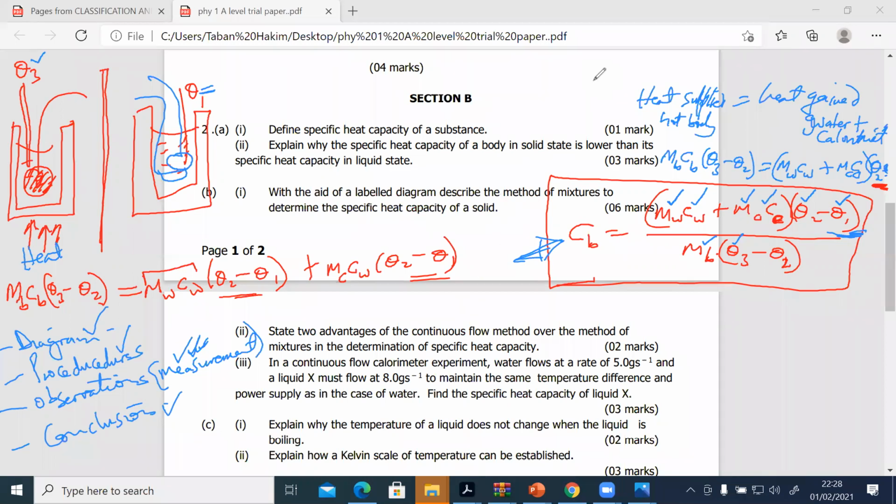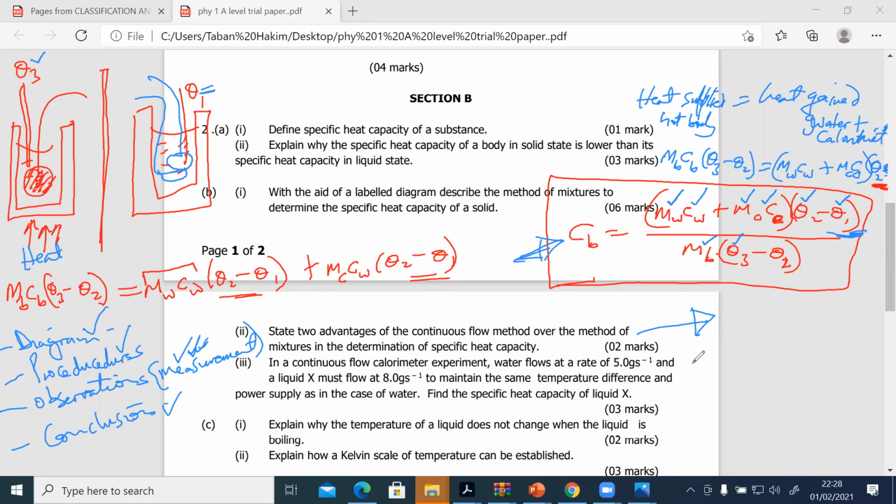Then the question that gave us challenge here was the calculation. Advantages of the continuous flow method over the method of mixtures. What did you write here? Continuous flow method can be used to measure the specific heat capacity of gases. That is one, correct?